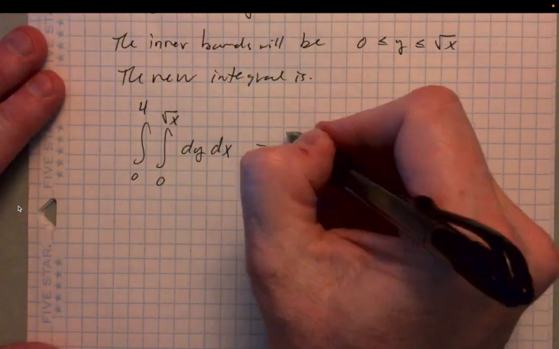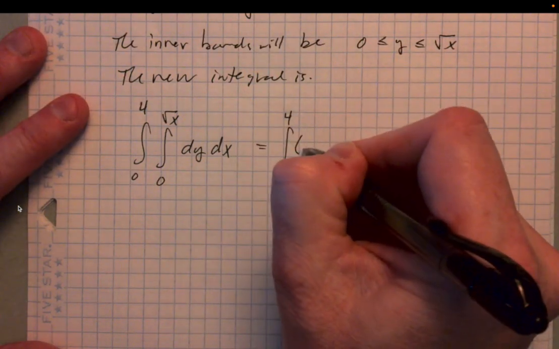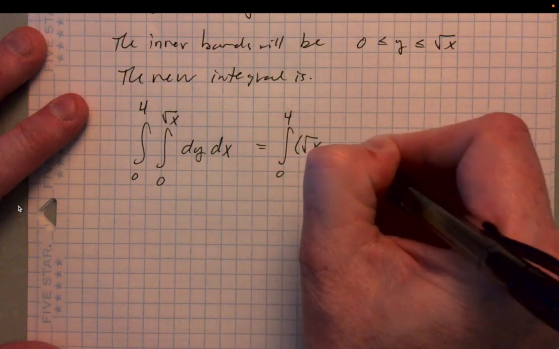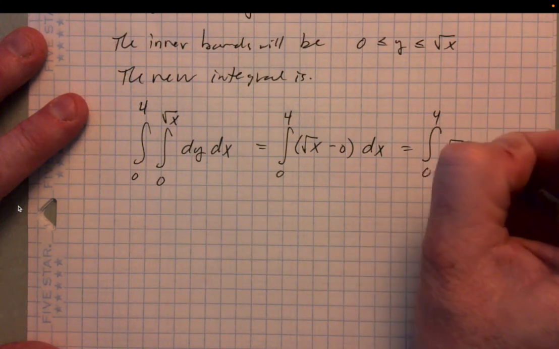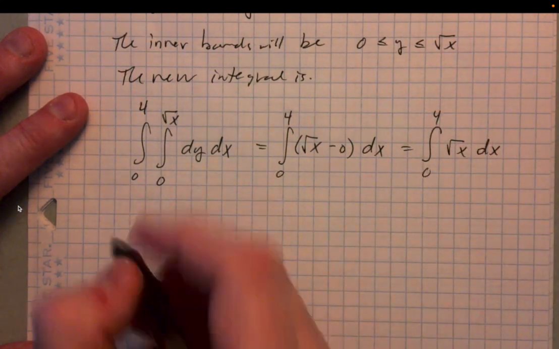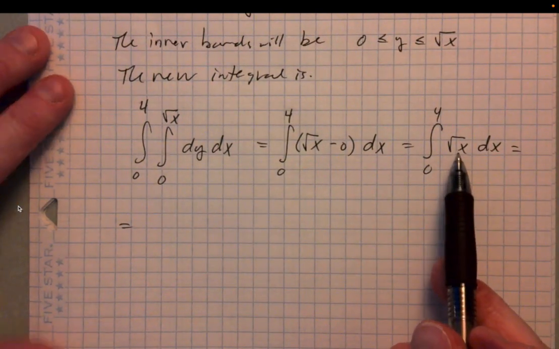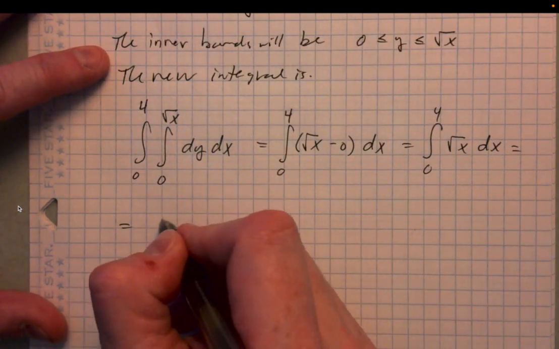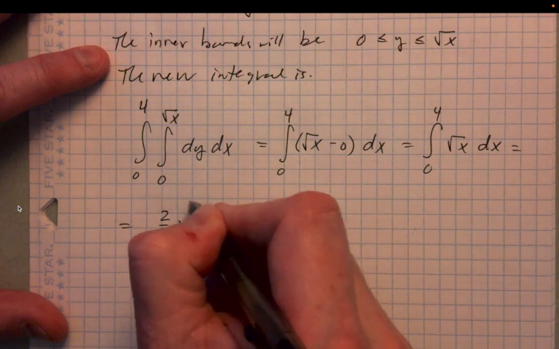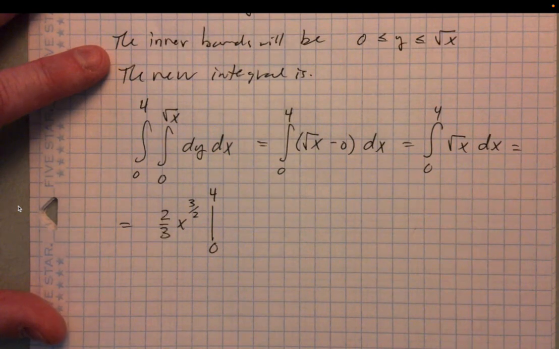Okay, let's calculate this one and see what we get. This would be the integral from 0 up to 4 of, inside here, the square root of x minus 0 dx. So I'm just going to write that as the integral from 0 to 4 of square root of x dx. That's x to the 1/2 power, and if we integrate that, we get 2/3 x to the 3/2 power, from 0 up to 4.